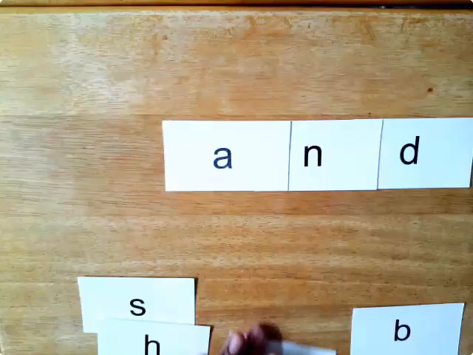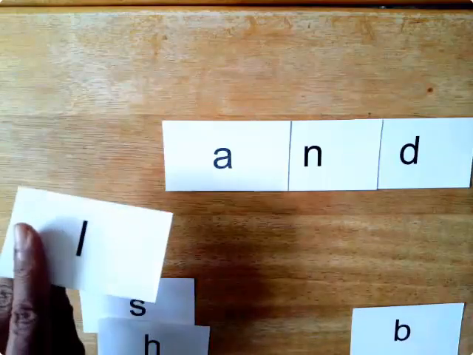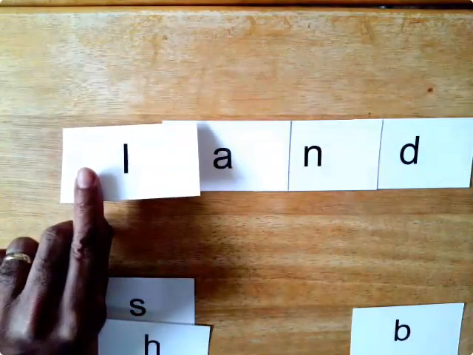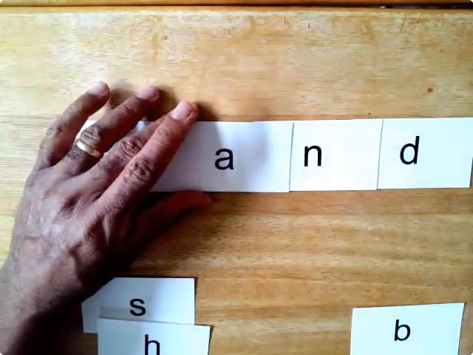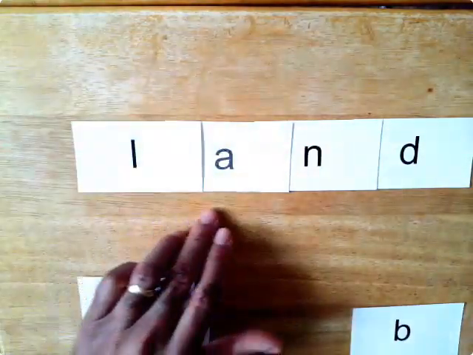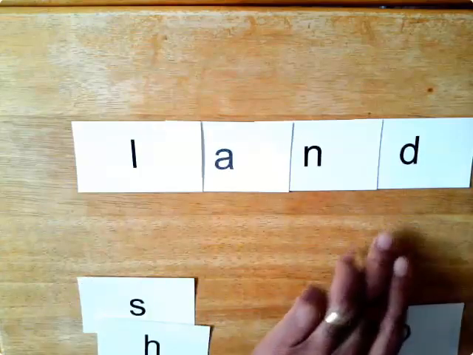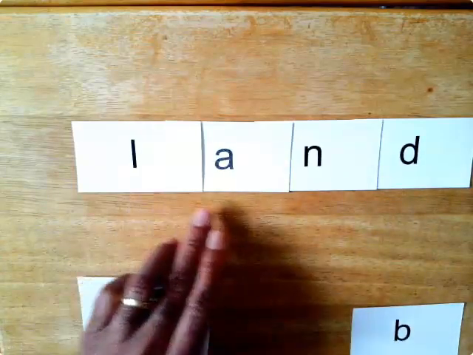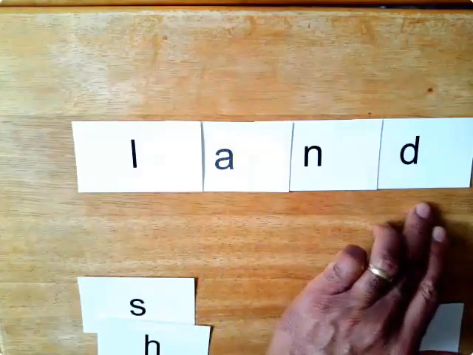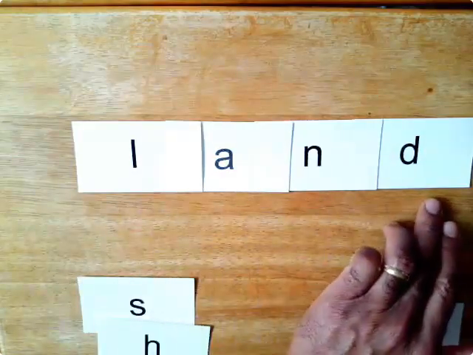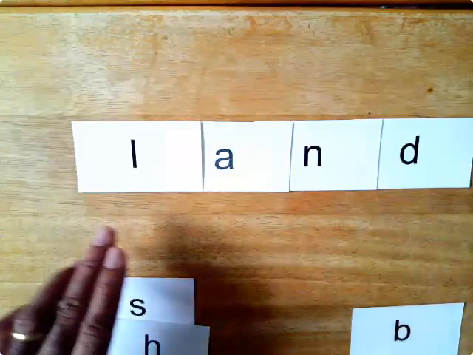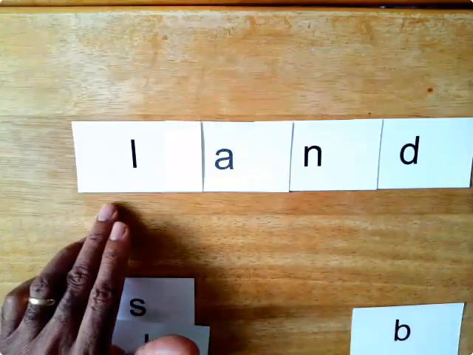If you're thinking L, you're correct. I'll add the letter L, which stands for the sound L. And now I have land. Now I have 4 sounds. Land. Say it quickly, blend them quickly.